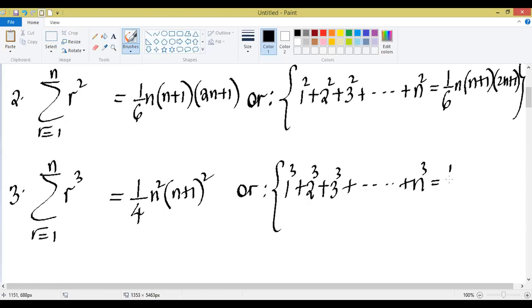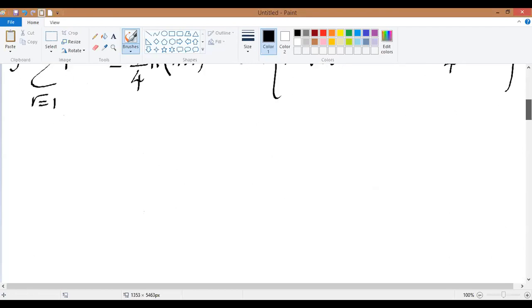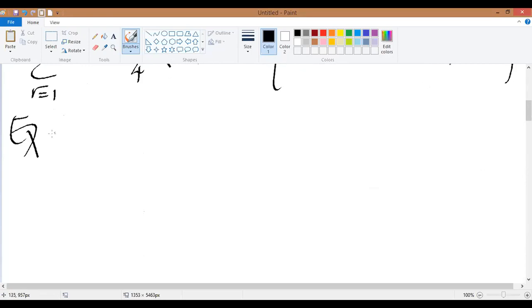That series sums up to a quarter n squared into n plus 1 all squared. Very important summations. To get sums of different series, let's review that under examples. Example 1.